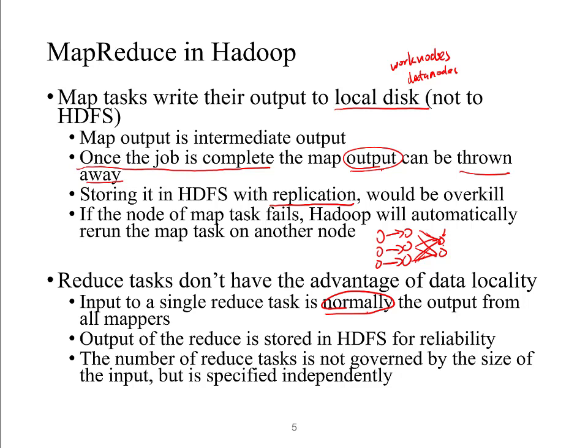The data output by the reduce task for that iteration is stored in HDFS, because, let's say on the third iteration, a node failed, right?